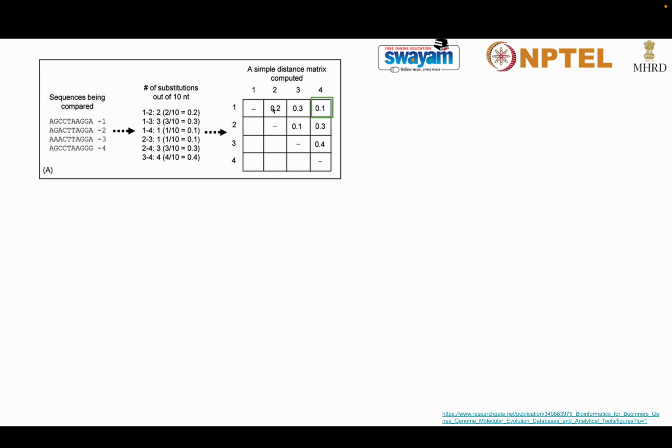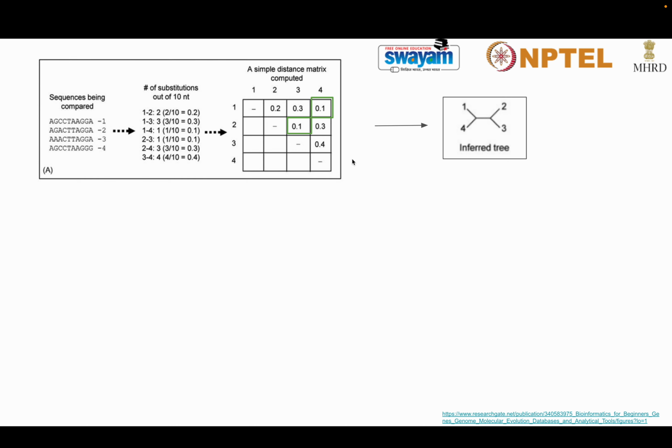So it is 1 and 4 which have the lesser distance. Then if we look at sequence 2, sequences 2 and 3 show lesser difference. So sequence 1 and 4 will be placed together and sequence 2 and 3 will be placed together. In this way, you can infer a phylogenetic tree by looking at the distance matrix, and these distances are calculated on the basis of the number of substitutions. So in this way, you can infer the tree.